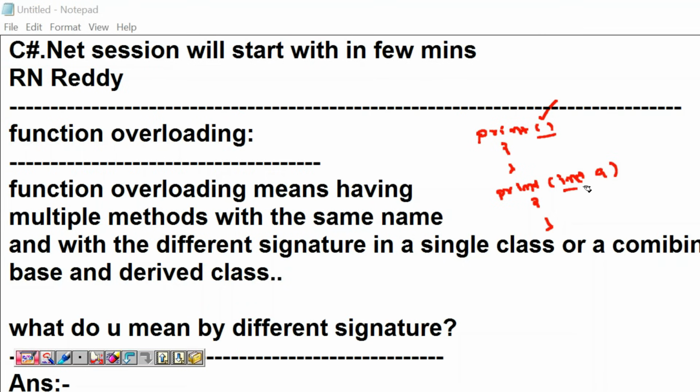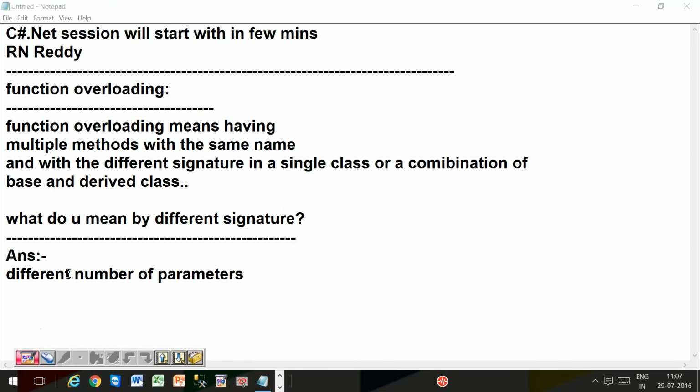Zero. Second function is having how many parameters? One. One and zero. This is called different number of parameters. Okay? Understood everybody? Yes, sir.